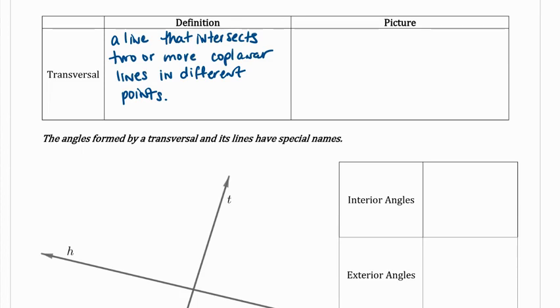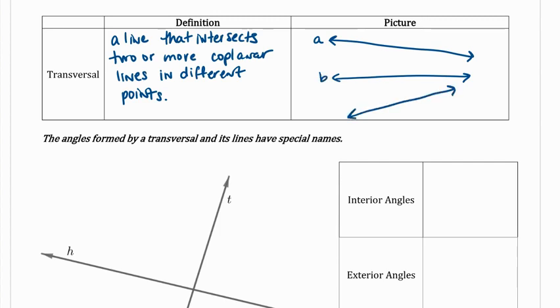Or two or more. So for instance, if I were to draw a couple of lines over here, we'll call this line A, and then I'm going to call this line B, and then I'll call this one line C, right? So there I've got three random lines.